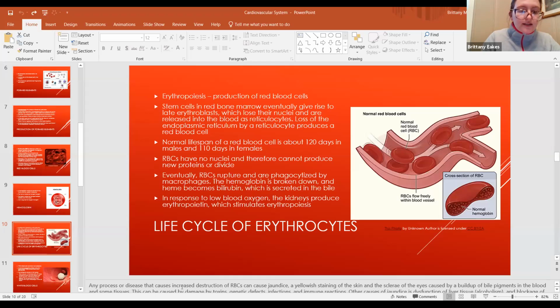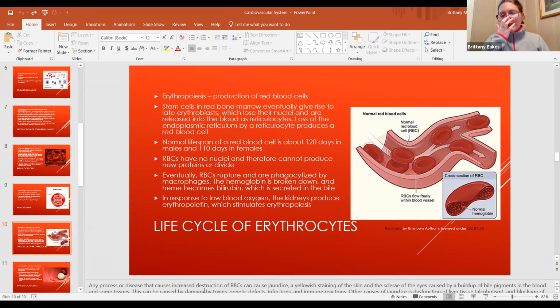Okay, so let me just go down to my little note here. Any process or disease that causes increased destruction of red blood cells will cause jaundice, which is a yellow staining of the skin, starts in the sclera of the eye, which is the white of the eye.